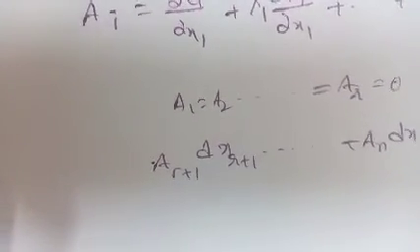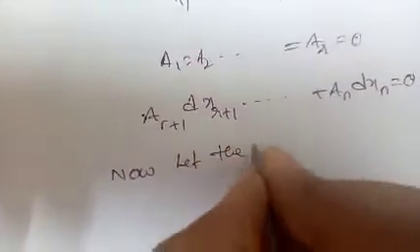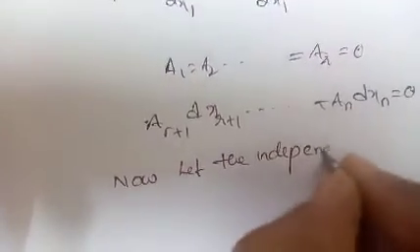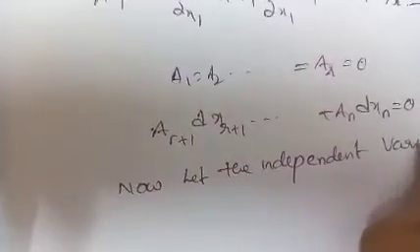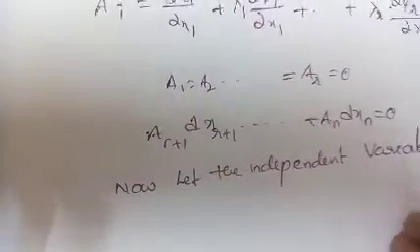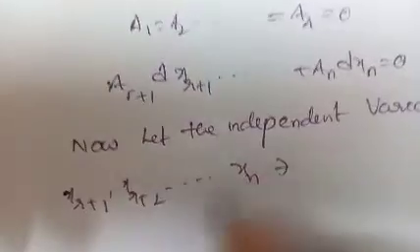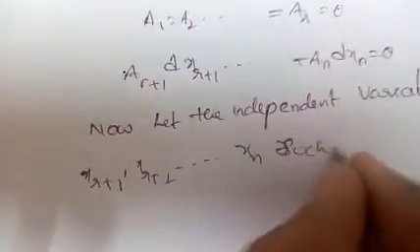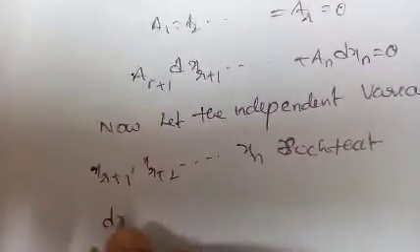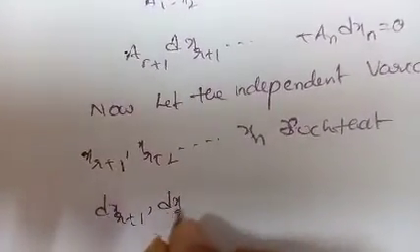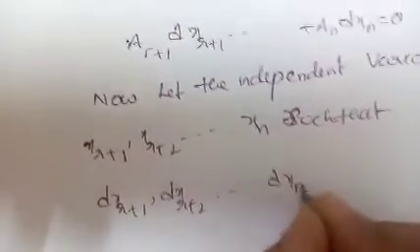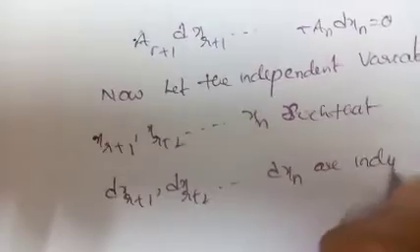Now let the independent variables be x(r+1), x(r+2) and so on xn such that dx(r+1), dx(r+2) and so on dxn are independent.